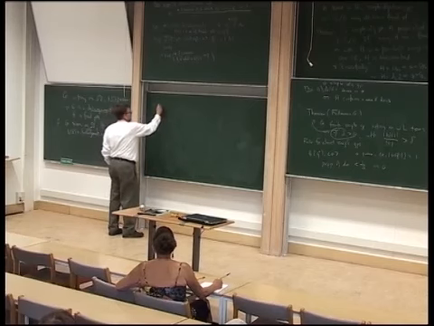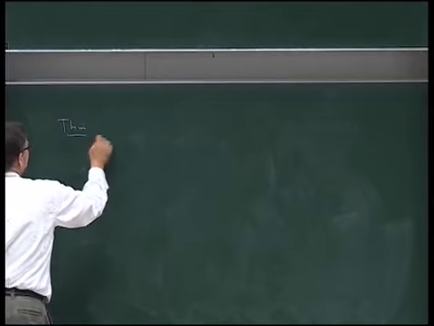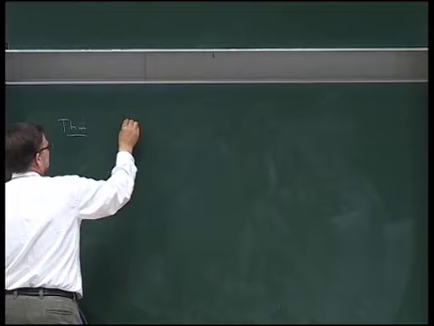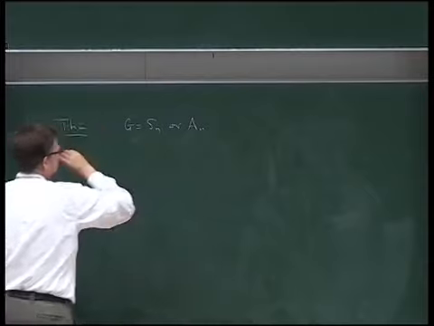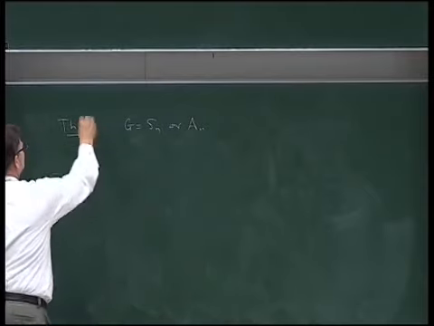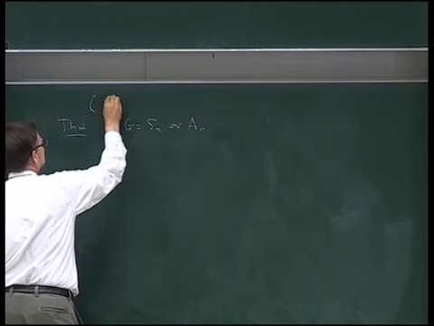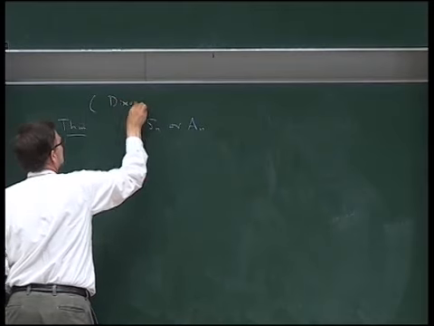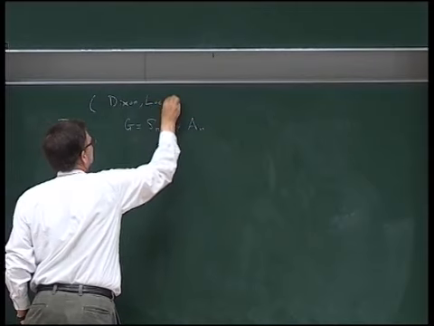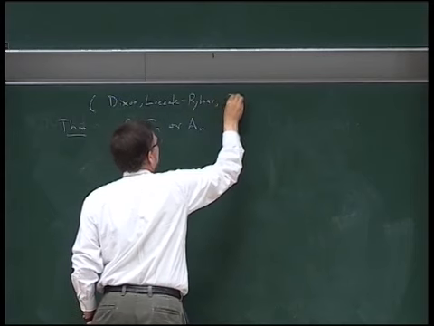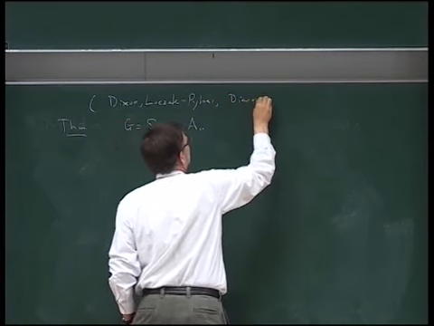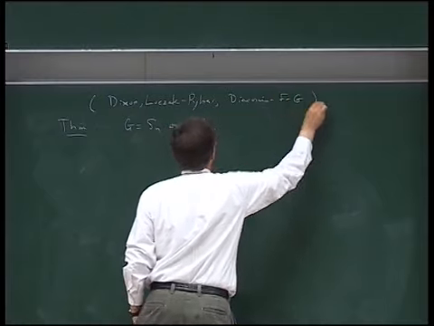So the theorem for S_n: if G is S_n or A_n, well, this is a combination of various people, Dixon and Luczak-Pyber, and Diaconis, and Fulman and myself.